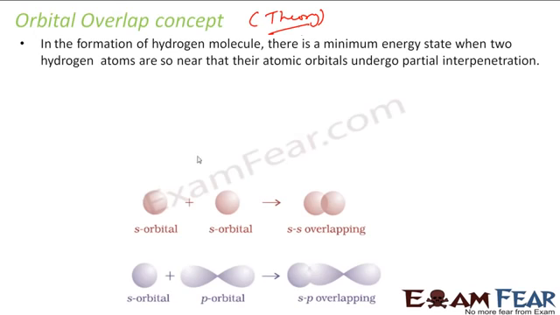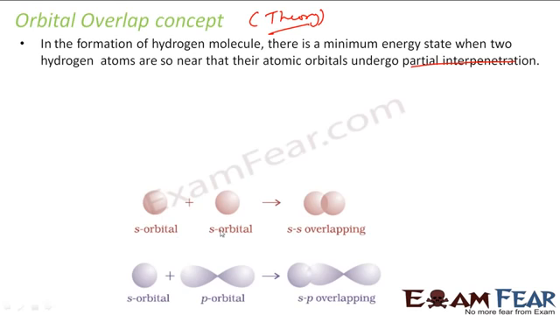So it says that in the last experiment where the hydrogen molecule was formed, there is a minimum energy state at 74 picometer distance, where the hydrogen atoms undergo partial interpenetration. That means the orbitals of the two hydrogen atoms overlapped.